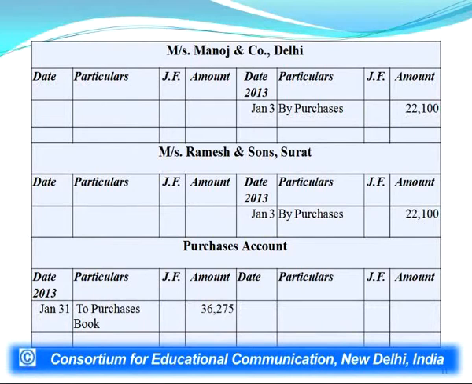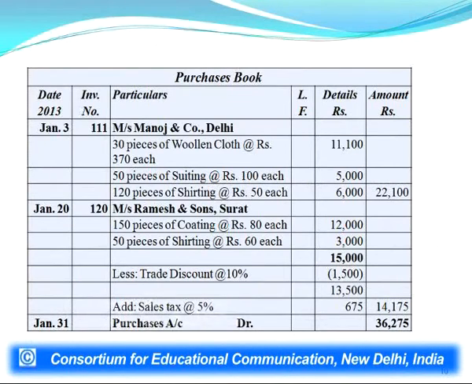His account has been credited by 22,100, and the total is to be, this amount is a misprint, a typing error. The first amount is 22,100, while the second amount is 14,175. So, in the purchase account we shall debit 36,275, and in the detail we could give the total purchases for the month of January.